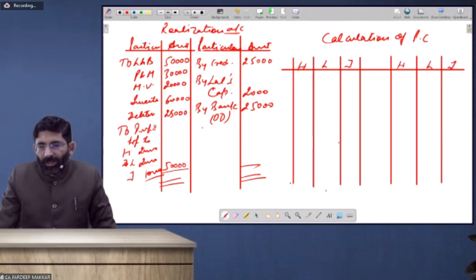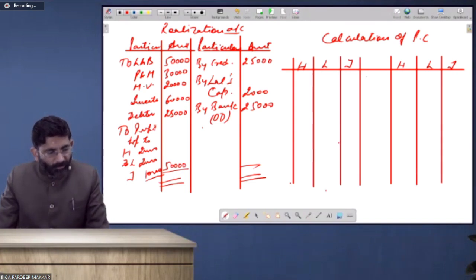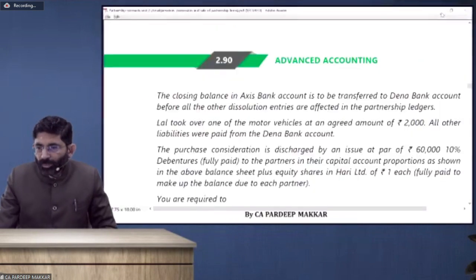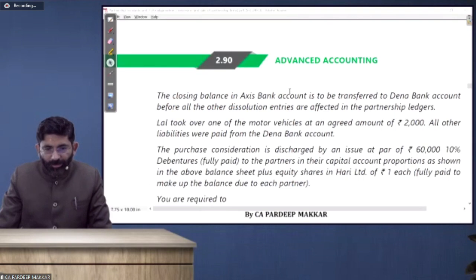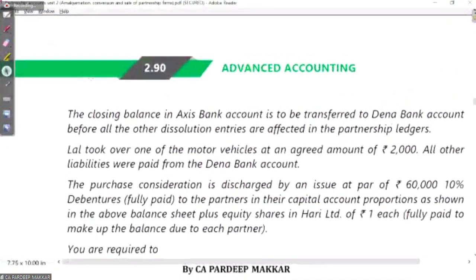Amount will be transferred accordingly. First of all, the opening balance is given to you. Balance brought down. Very simple. Just see the question and do it. It's very simple and easy to understand.